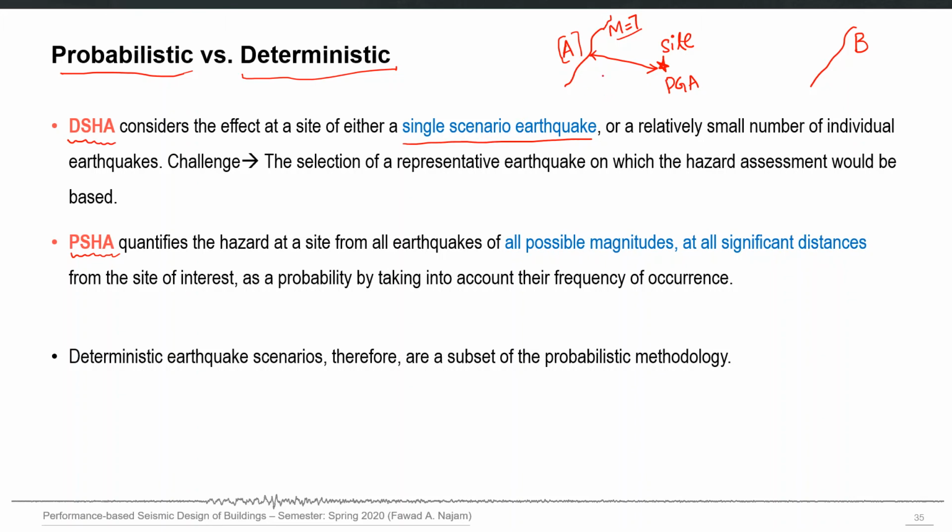And by the way, the equations which help us predict the value of ground shaking at a particular site, with a given magnitude at some distance r, are called ground motion prediction equations, GMPEs.